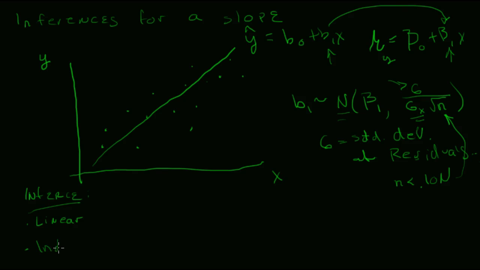There has to be a sense of independence. The idea here is that the relationship between two x's should not give you the relationship between two y's. We'll take a look at this.